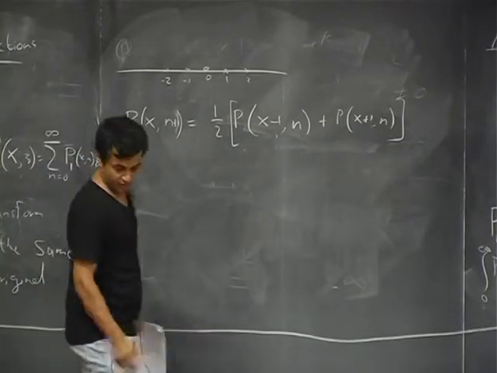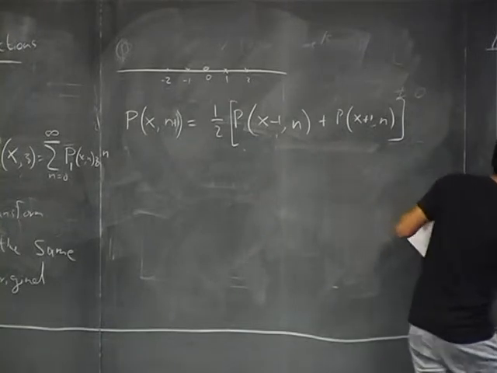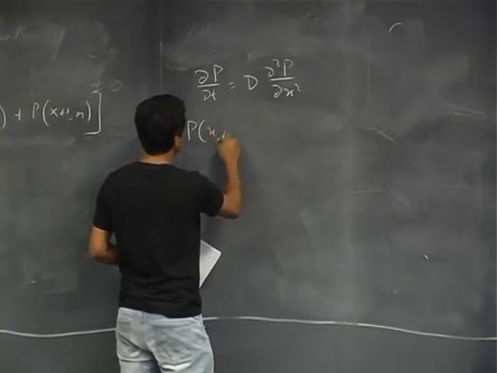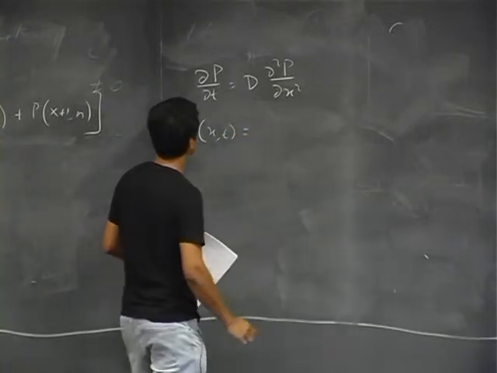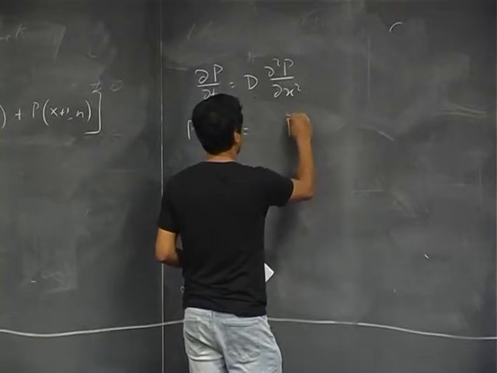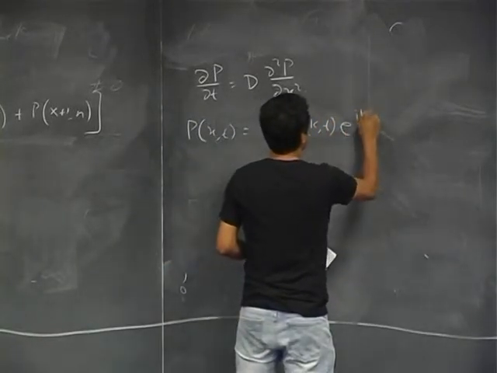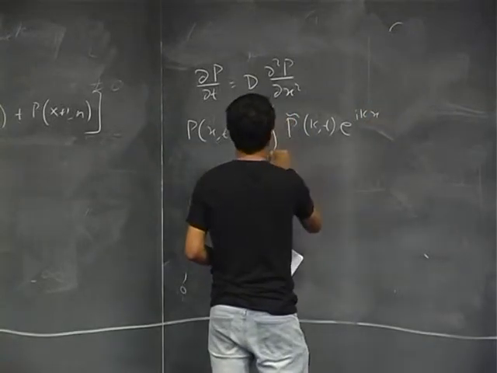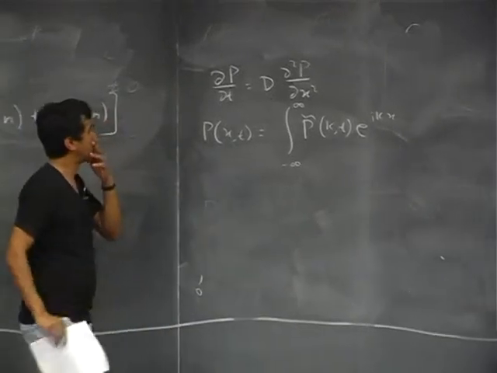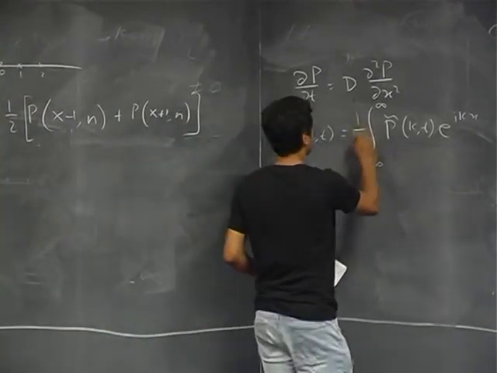If you remember this equation, we wrote p of x, t as an integral from minus infinity, and then was there a 1 by 2? I think there was a 1 by 2 pi.